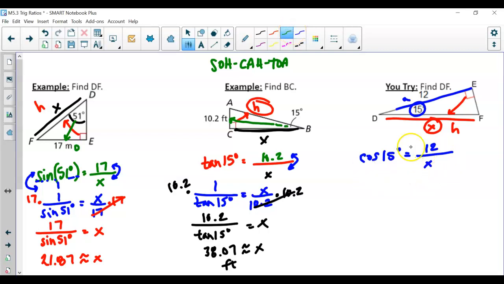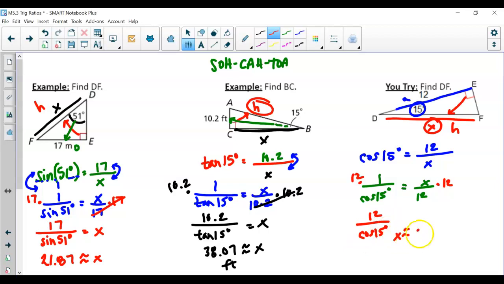So again, this is back to that same format, where you've got x over 12 is the same as 1 over cosine of 15 degrees. So when you multiply both sides by 12, you end up taking 12 and dividing that by cosine of 15 degrees, which gives you approximately 12.4.